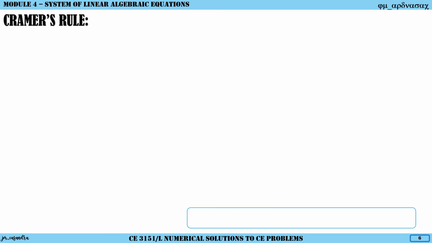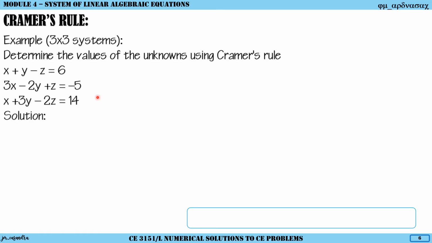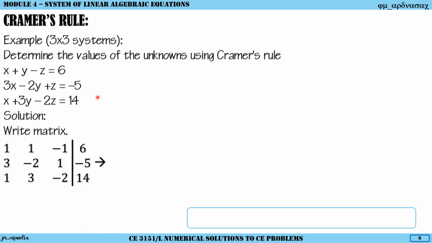Okay, let's have another example. We have a 3 by 3 system, so we have 3 equations and 3 unknowns x, y, z. Same pattern, we write the matrix form of the equations. For this, we have 1, 1, negative 1, 6; 3, negative 2, 1, negative 5; 1, 3, negative 2, 14.